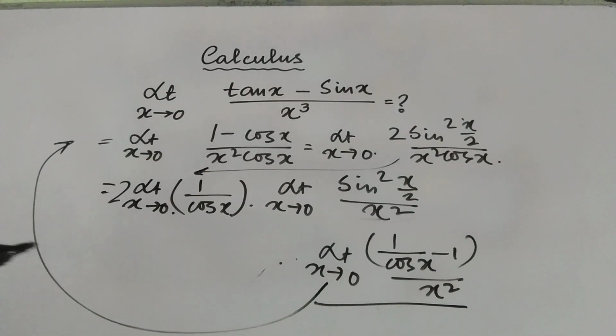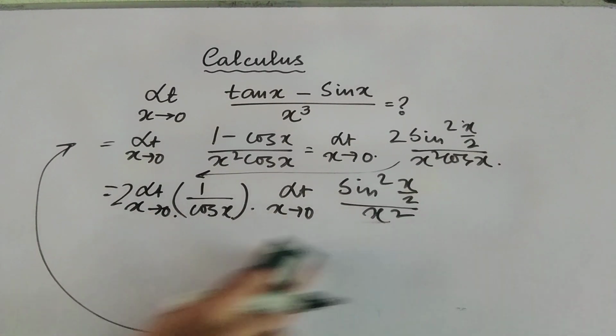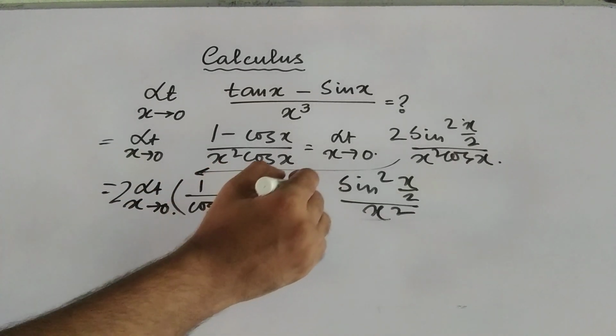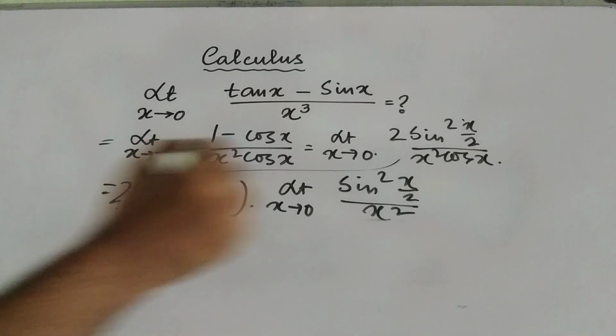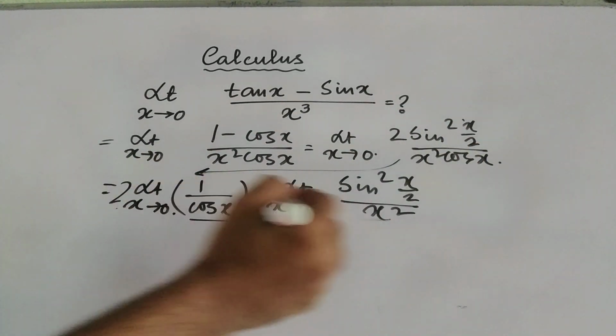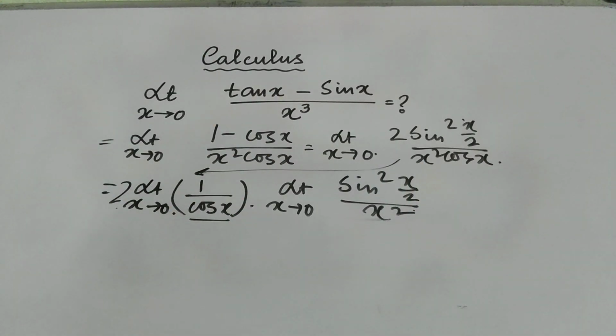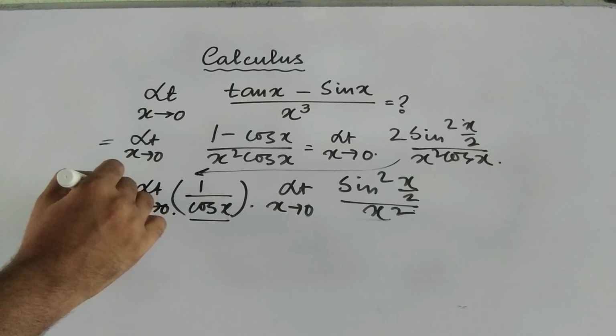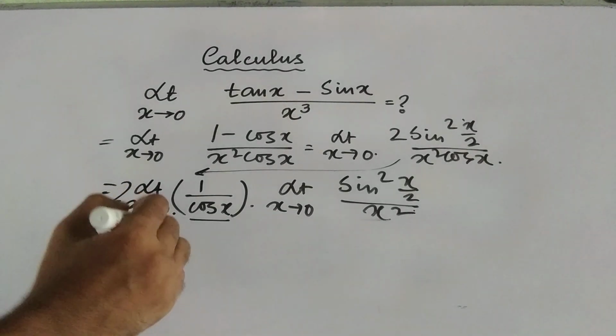What I have done is taken 2 out of the limiting expression because it is devoid of any expression of the variable x, so it comes out of the limit. 1 by cos x I am separating as a separate function, and the remaining portion I have kept in another limiting expression. So two limiting expressions are multiplied and 2 is getting out of the limit.